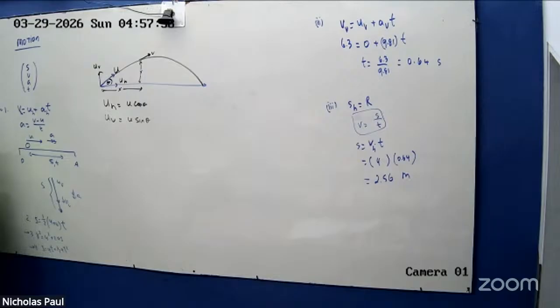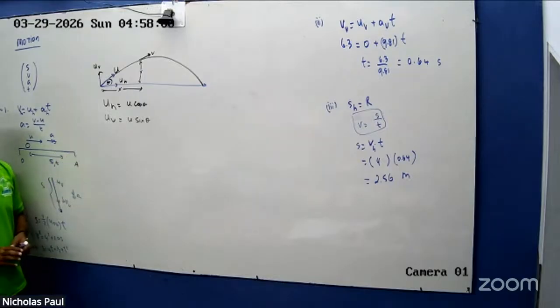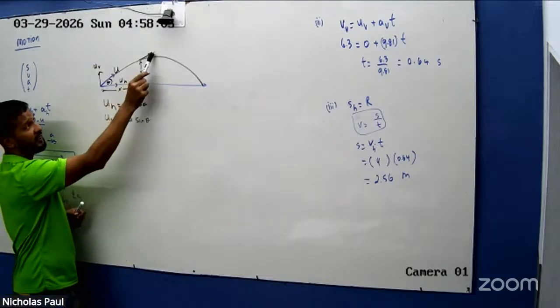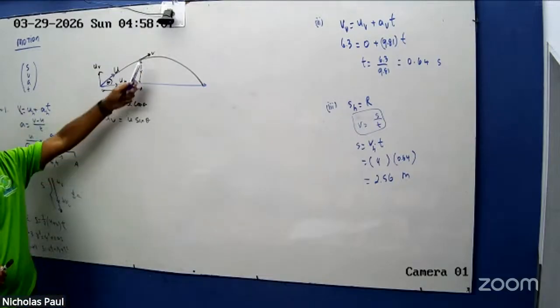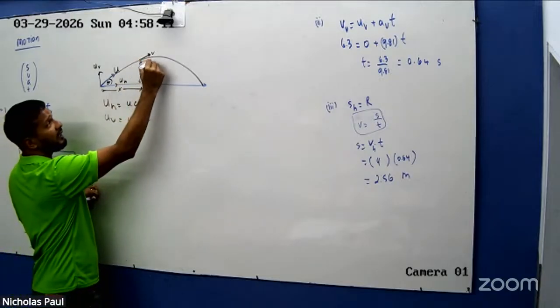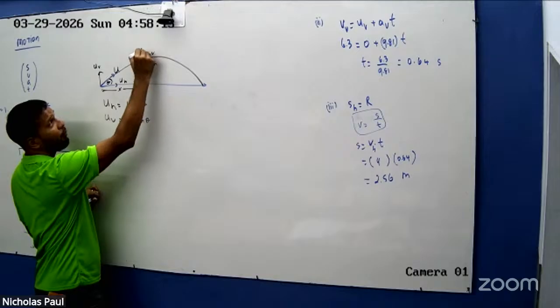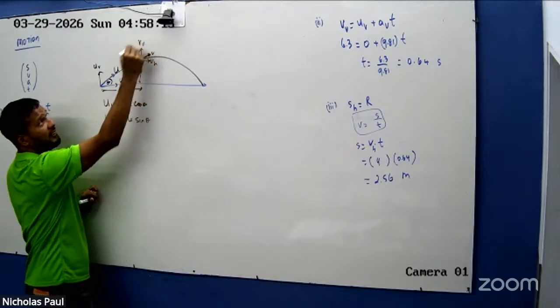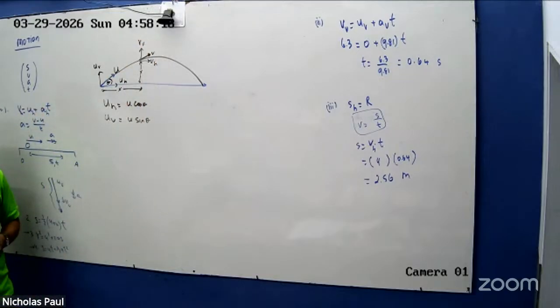Everybody clear? So we know initial horizontal and initial vertical. Suppose I want to find the velocity up here. To find it, I need the two components, the horizontal component and the vertical component.